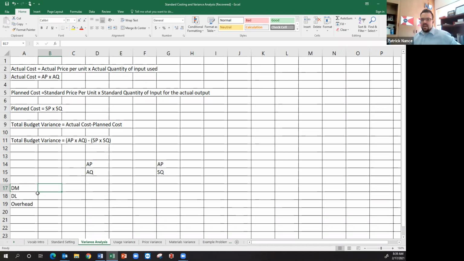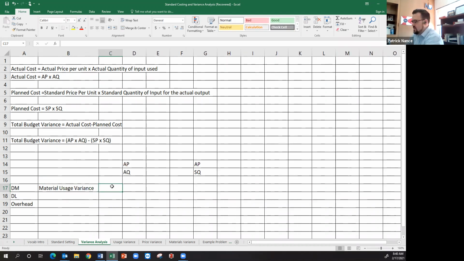But we're going to have two variances for each one of these. For direct materials, we're going to have what's called a materials usage variance, and we'll also have a materials price variance.